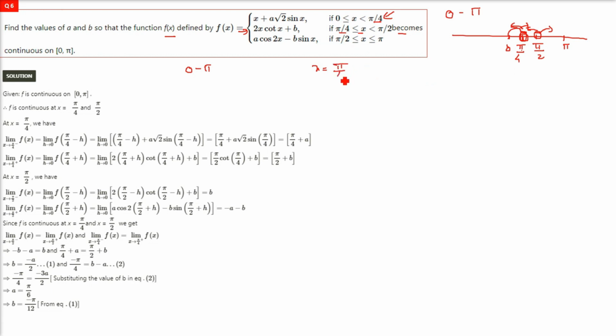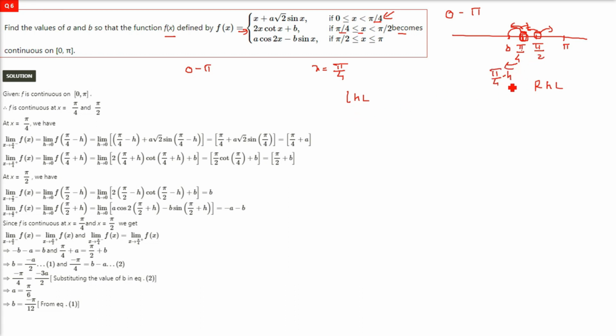So we'll start with x equals pi by 4. Pi by 4 is essentially 45 degree only. And since it is being said that this is continuous, we have to assume that it is continuous, and by assuming continuity, we have to find out the value of a and b. So if you move just a little before pi by 4, you can write pi by 4 minus h.